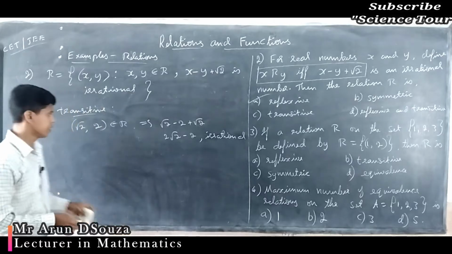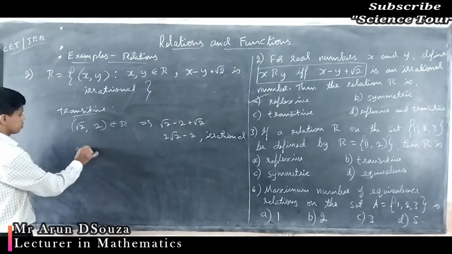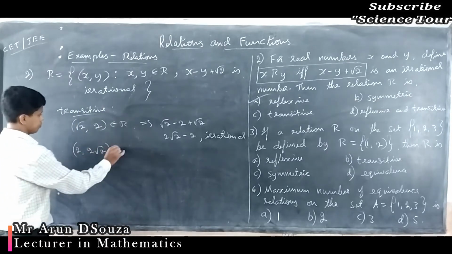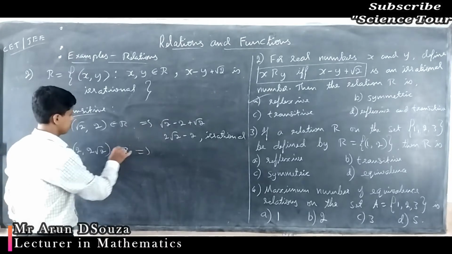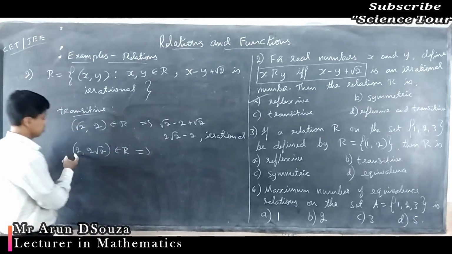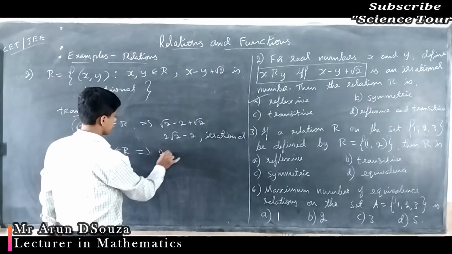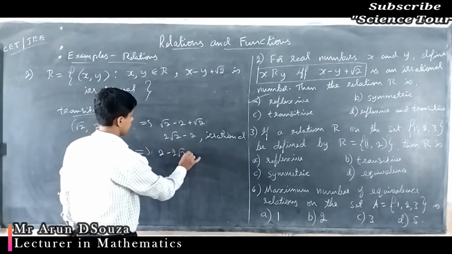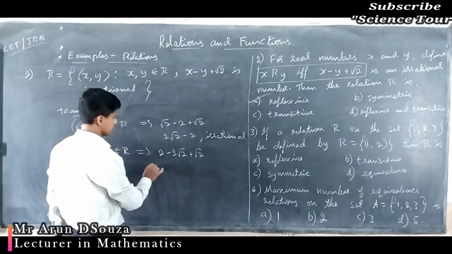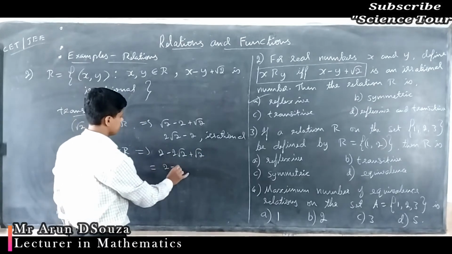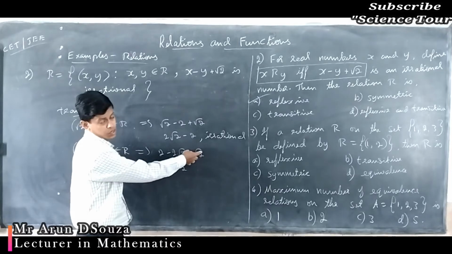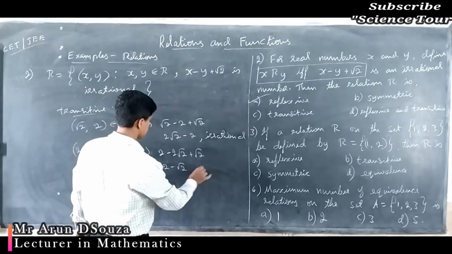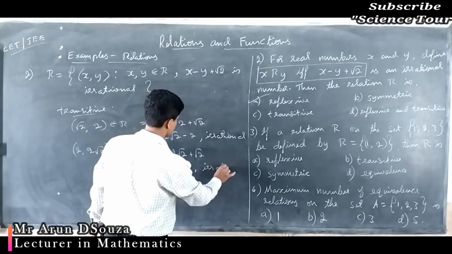And then you take 2 comma 2 root 2, that also belongs to R. Why? Because now x is 2, y is 2 root 2 and then root 2. See, what is it? 2 minus 2 root 2 plus root 2 is minus root 2. This is also irrational because you have root 2 there.